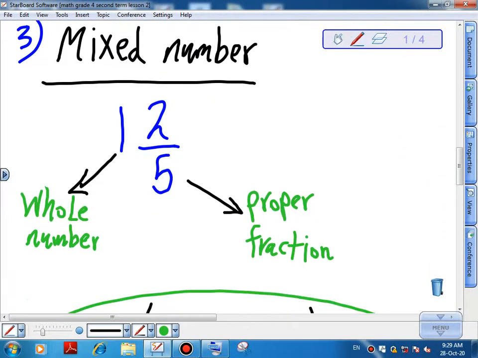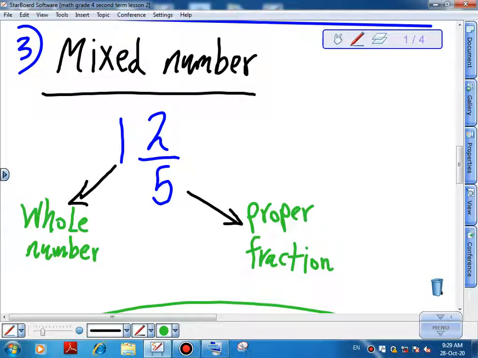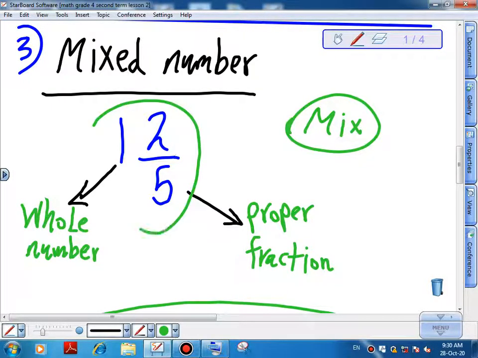And the last one is called mixed number. What's the meaning of mix? Mix: some types mixed with other. So in this type of fraction we call it mixed number because we have 1, a whole number, and 2 over 5 or 2 fifths, a proper fraction.